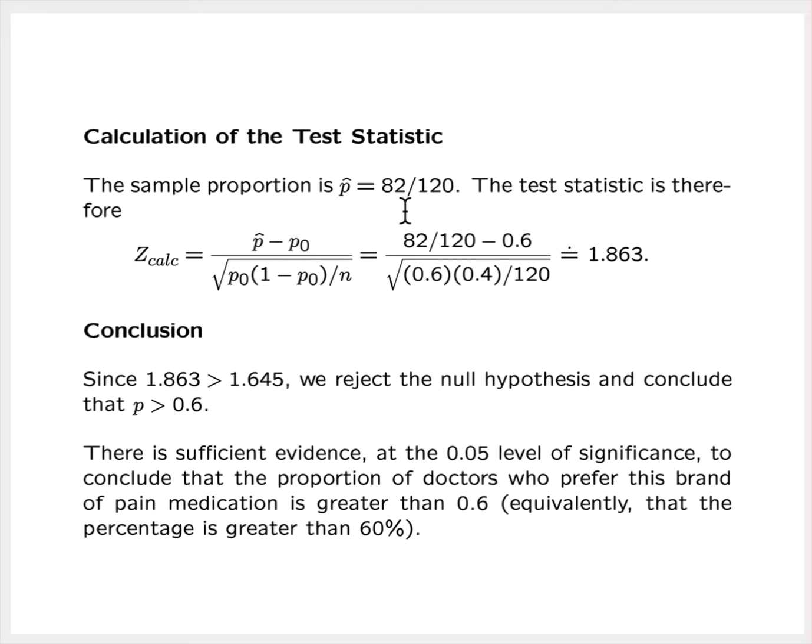So we have the sample proportion, 82 over 120, minus the hypothesized value of p, which is 0.6. And then, again, notice that we're using the hypothesized value, 0.6, down here in the denominator in calculating the standard error of p hat.